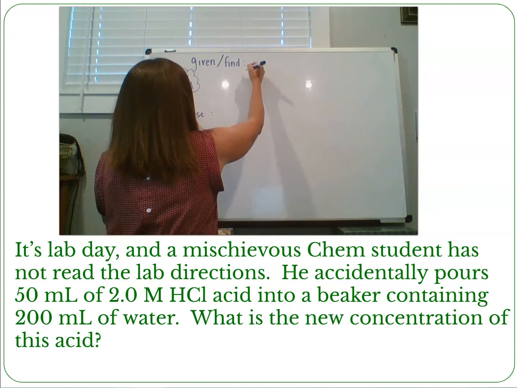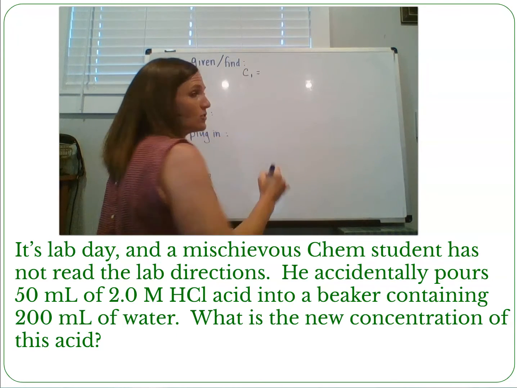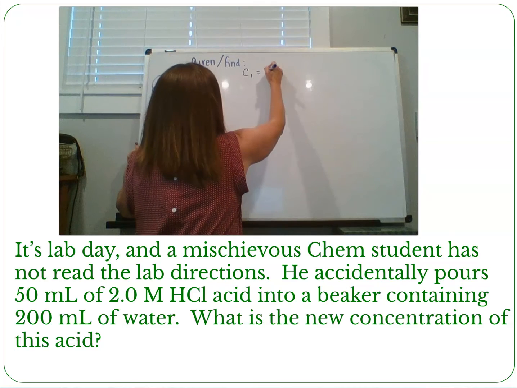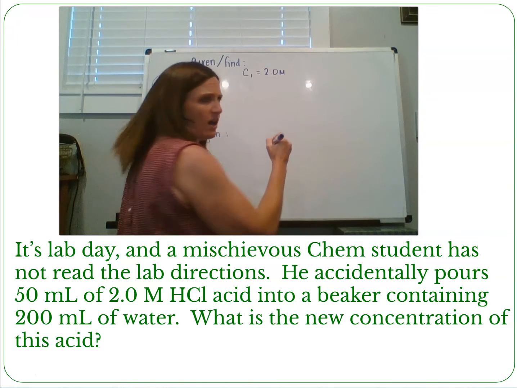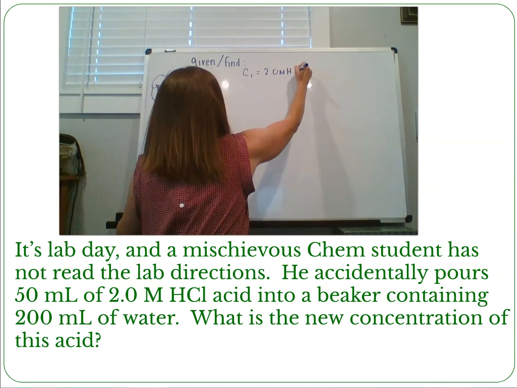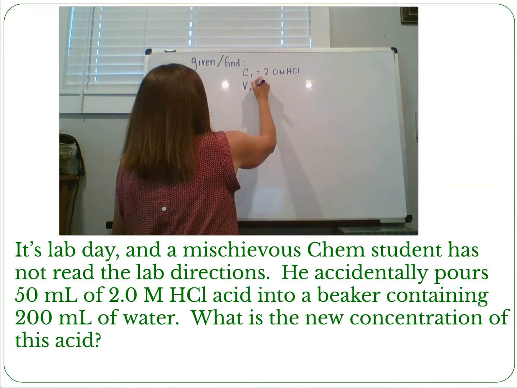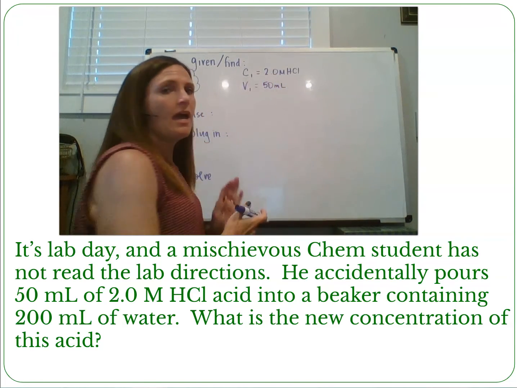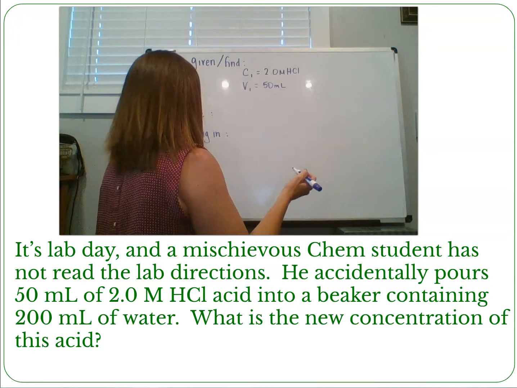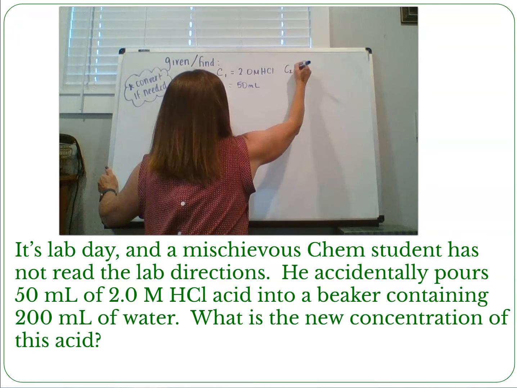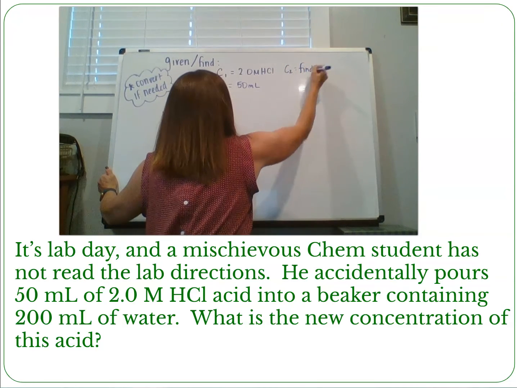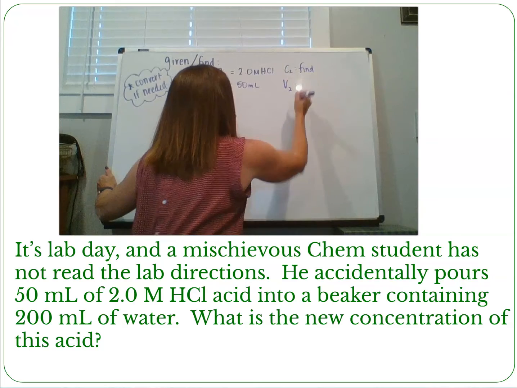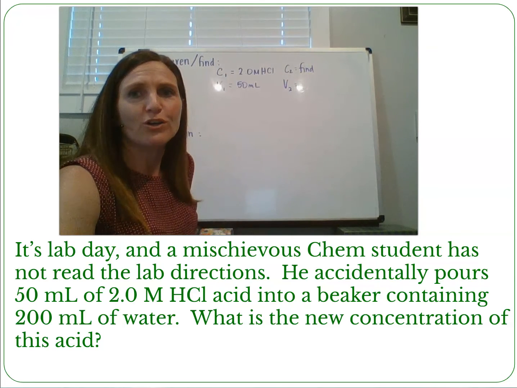My first concentration, which is C1, is 2.0 molar HCl. And my volume that goes with that is 50 milliliters. I'm supposed to be finding my new concentration, which is going to be C2. And the big question here is, what is my volume 2?